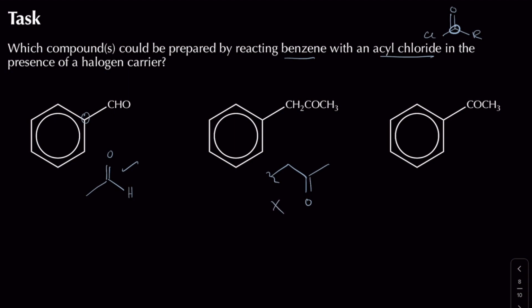The next one has benzene bonded to a carbon atom double bonded to an oxygen, bonded to another carbon. So the first one and the last one are plausible, but the middle one won't be, because we need the carbon atom that is double bonded to an oxygen atom directly bonded to the benzene ring itself.